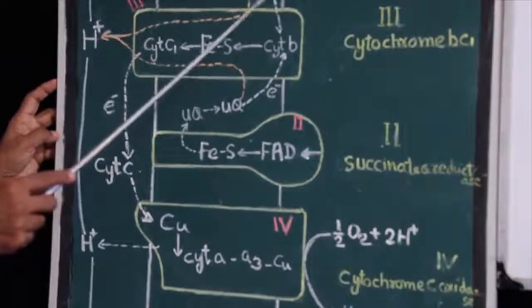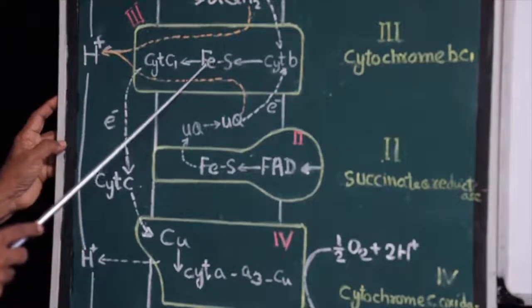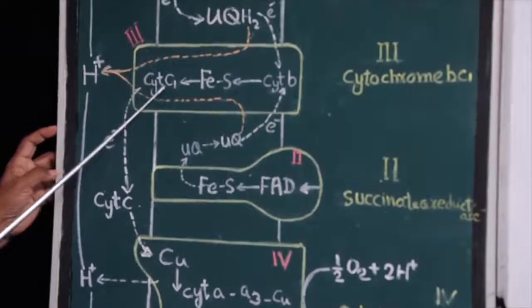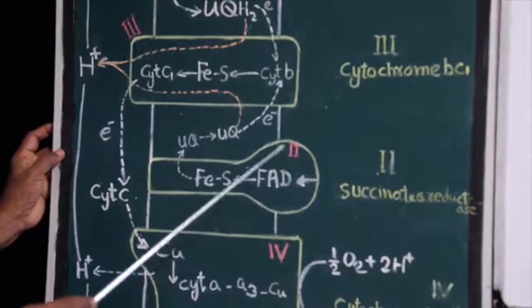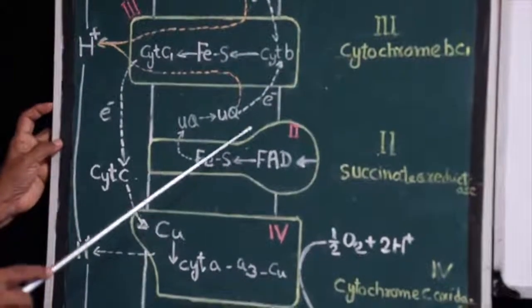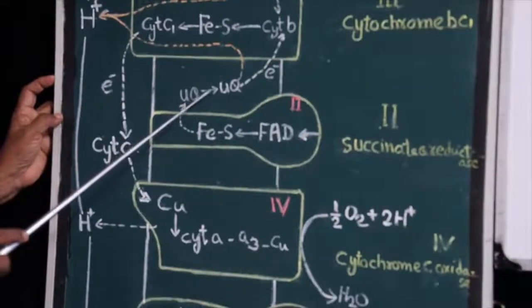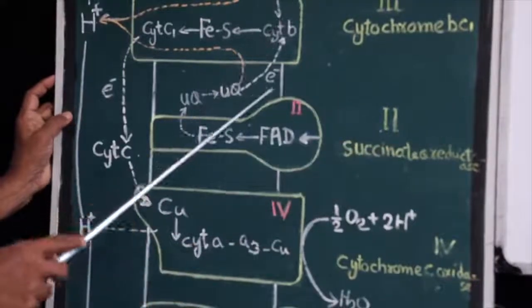Okay. Now, cytochrome b carries the electron, passing it to the iron-sulfur protein, then to cytochrome c1. So, the transfer of electrons from FADH2 to FAD, then from FAD to ubiquinone, is with the help of the succinate Q reductase enzyme.